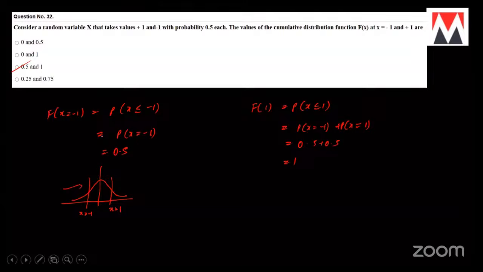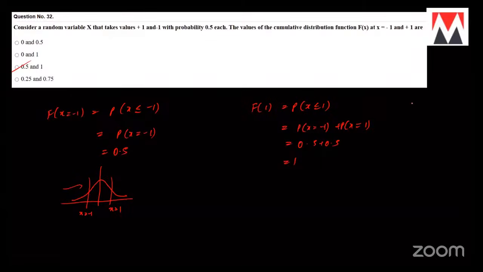Because see, what happens in a cumulative distribution function is the probability of the random variable x. This cumulative distribution function can be written as P of x less than or equal to whatever value you take. When you consider this, you are considering only the maximum value itself. It will take away all the values already. So when this is 0.5, this is 0.5.